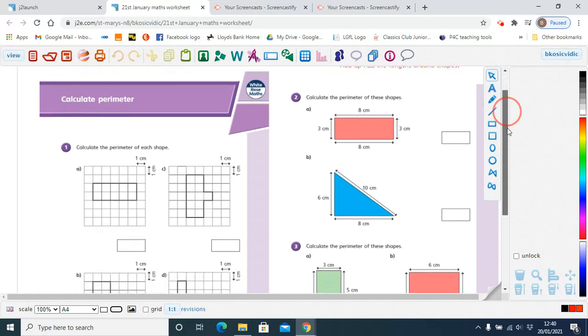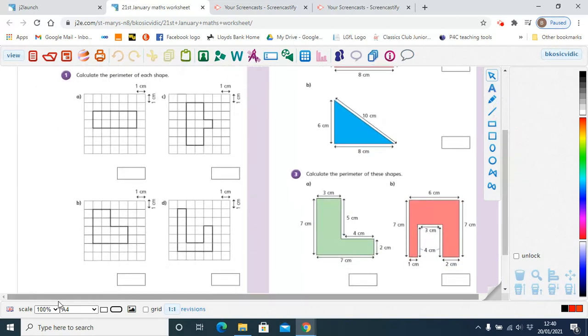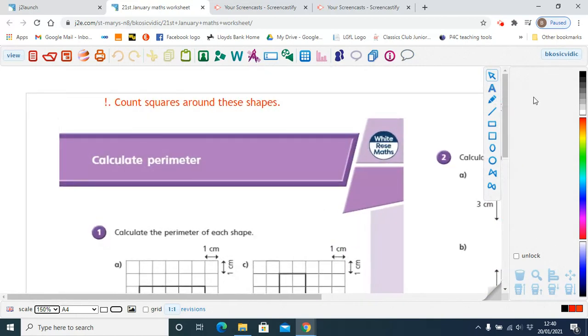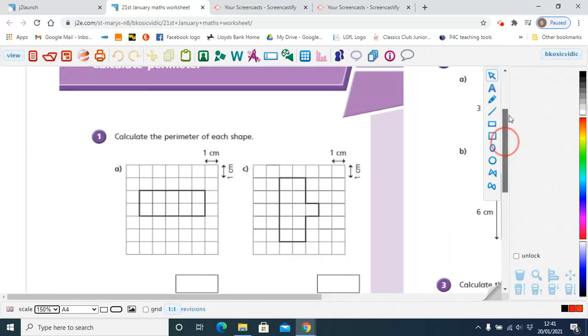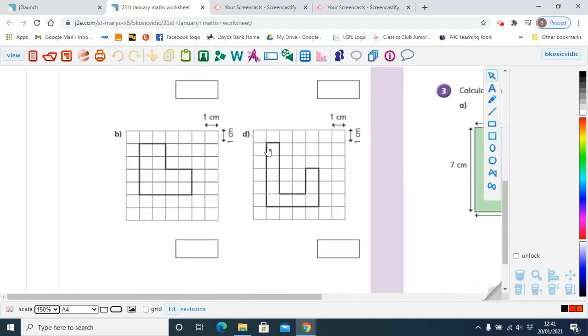For example, in the first question, you should simply go around your shape, counting the number of squares that you have got, and then write your answer in this box that is provided here. So you should do the same thing in all the answers in question number 1. Simply go around the shape, count the number of squares, and write that answer in the box provided.